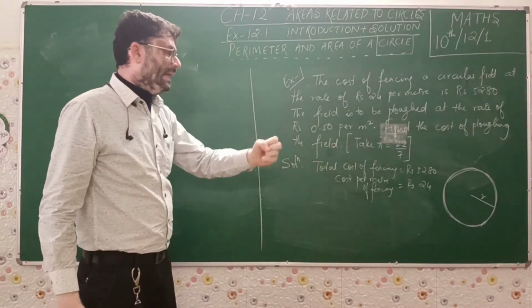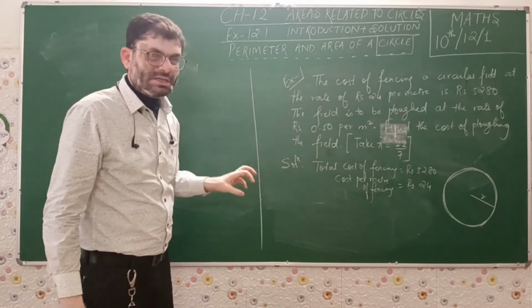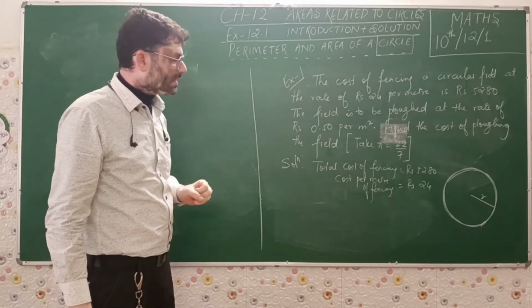Then what length of fence was there? That is what we call the boundary of the circular field or circumference of the circular field.